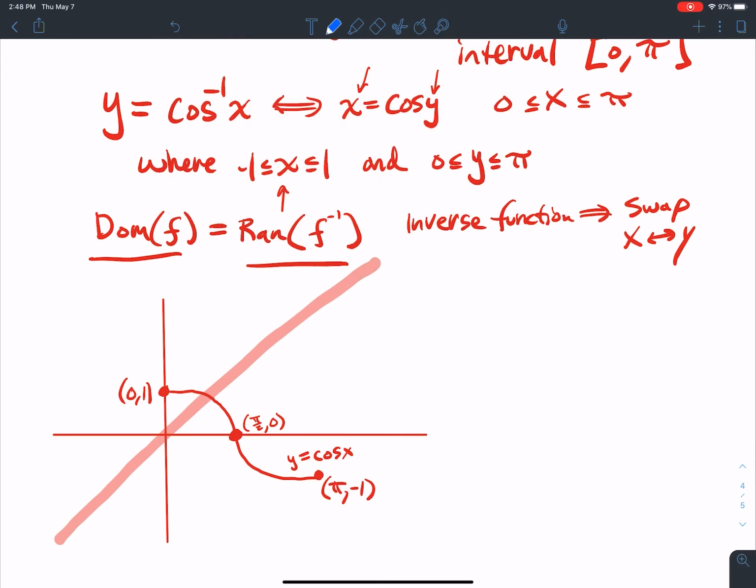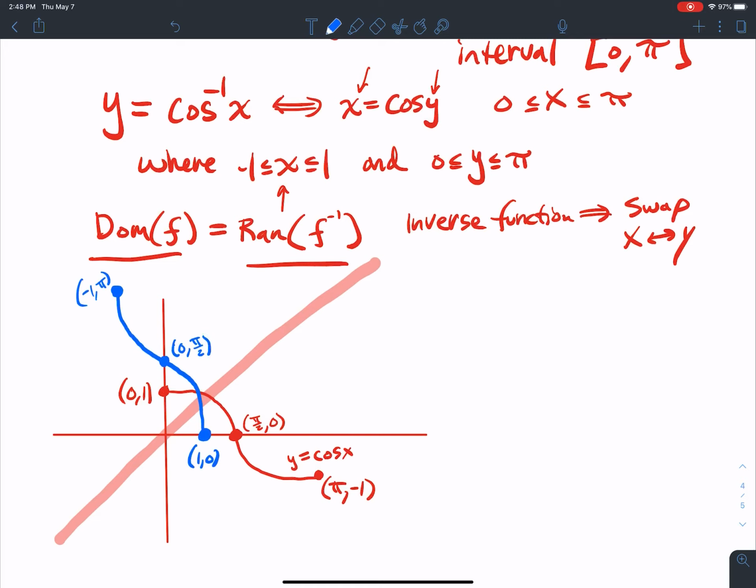Now I'm going to graph the inverse. So this is (1, 0). And then I go up here and I have something that looks like this. So this is (-1, pi). This is (0, pi over 2).